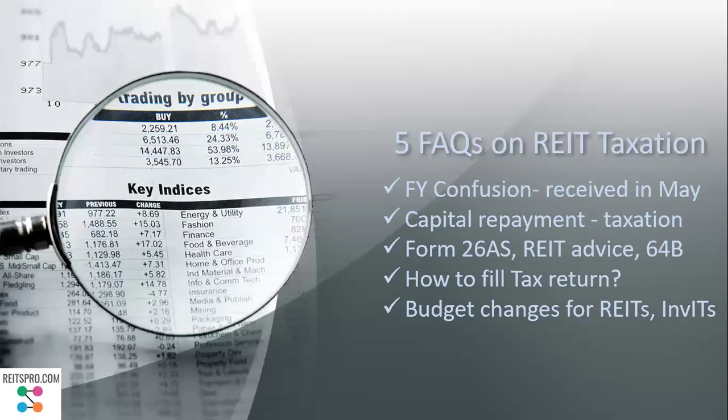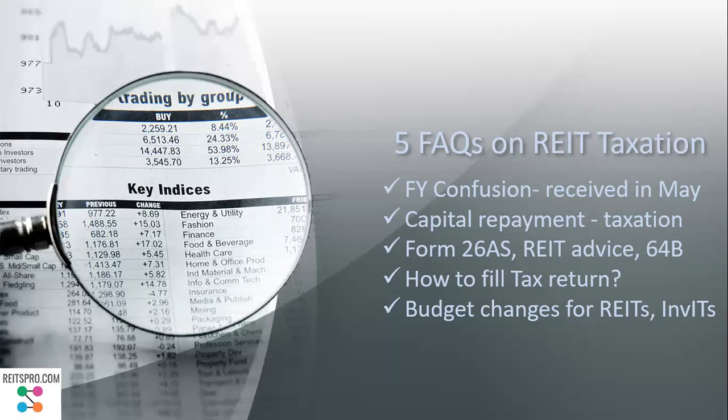Now, the 5 FAQs on REIT taxation that we'll talk about: the first one is the financial year confusion. When your distributions are received in May, what will they be qualified as? Are they previous year or would it be for this year? The second is the capital repayment taxation, which a lot of people are confused about.